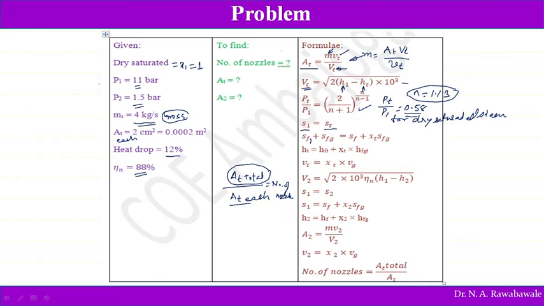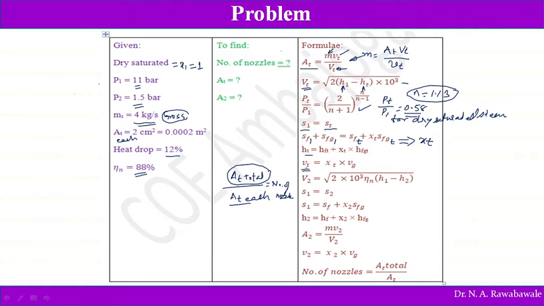So Sf1 plus x1 Sfg1 is equal to Sft at throat plus xt into Sfg at throat. From this we can find out the dryness fraction at throat. Once we find the dryness fraction at throat, we can find the enthalpy at throat, and also the specific volume at throat.